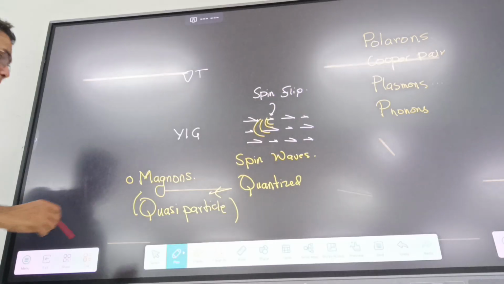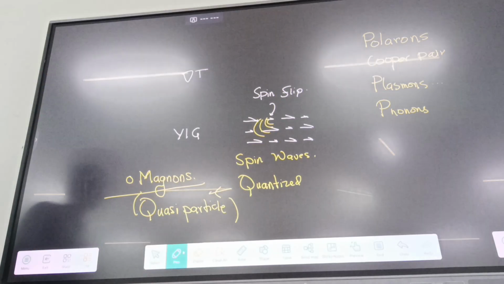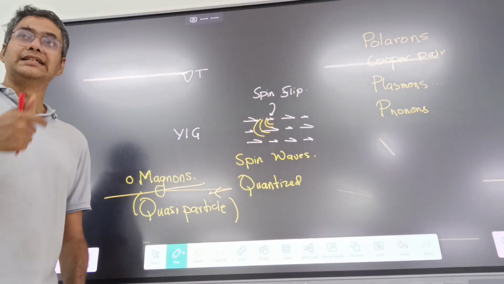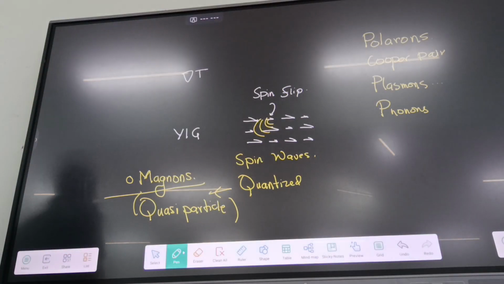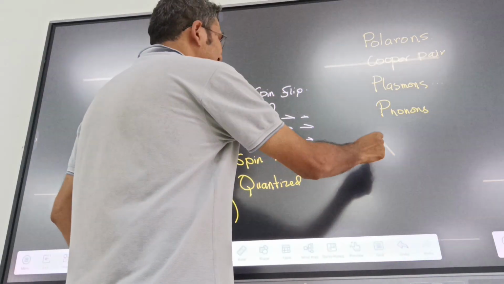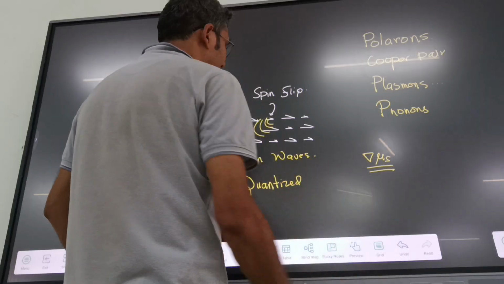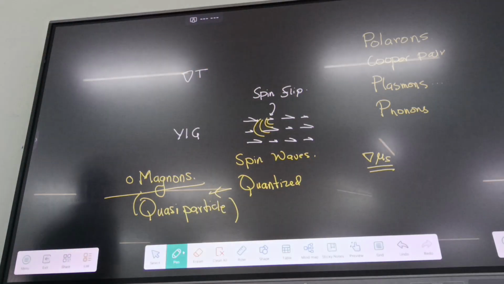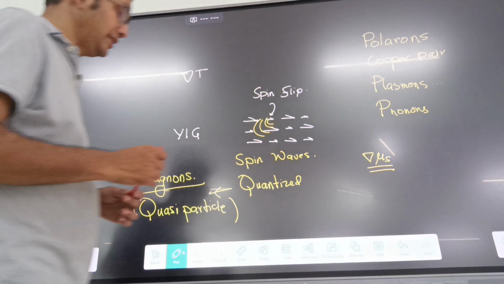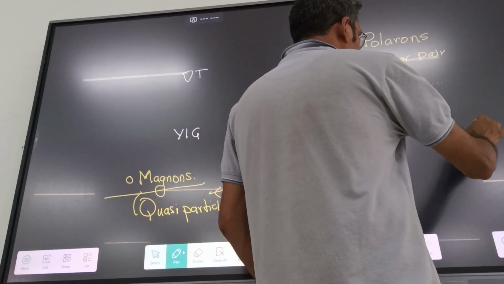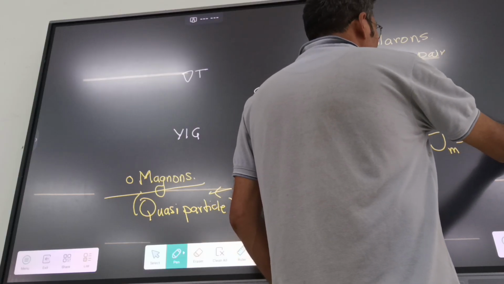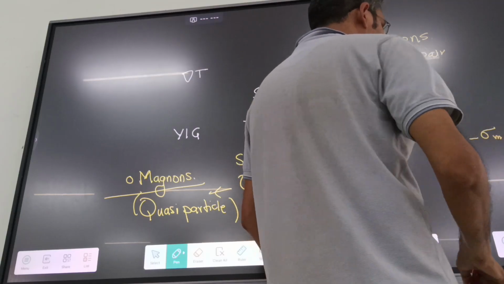So similar to that, we have a magnon, which is the quantized spin wave. ठीक है, तो इसके फ्लो को हम लोग बोलते हैं फ्लो ऑफ स्पिन करंट, क्योंकि जितना ज़्यादा मेरा delta, more I will have a gradient of spins. Gradient of spins मतलब differences in up spin and down spin जितना ज़्यादा होगा उतना ज़्यादा मेरा magnon created होगा. So there is something called the magnon current also.